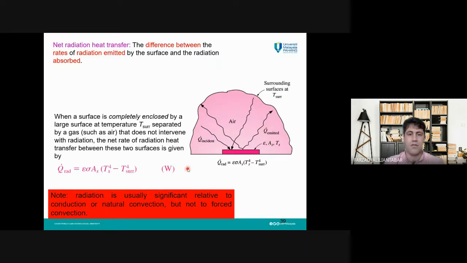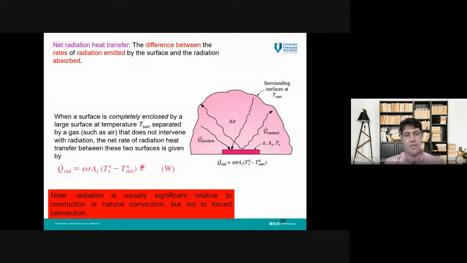So if the temperature of the surface is Ts, and the temperature of the surrounding is T surrounding, then to calculate the net radiation heat transfer, we can use this equation. Q dot radiation is epsilon sigma As, which is this surface area, times Ts to the power 4 minus T surrounding to the power 4, which is the temperature of the surrounding.